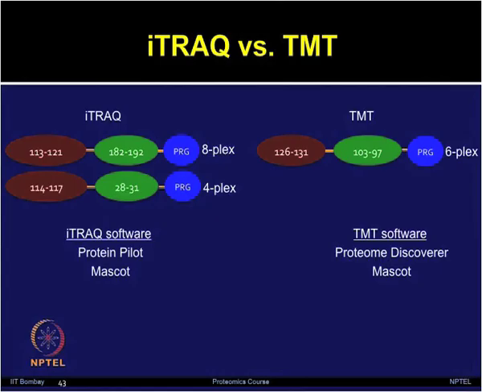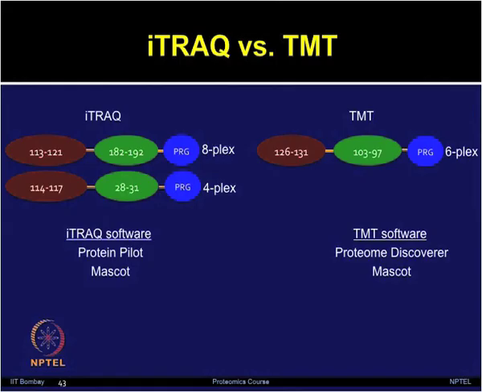Now, in iTRAQ, the reporter in the 4-plex consists of 114 to 117 Dalton. The balancer is between 28 to 31 Dalton, whereas in 8-plex the reporter is from 113 to 121 and the balancer is from 182 to 192.